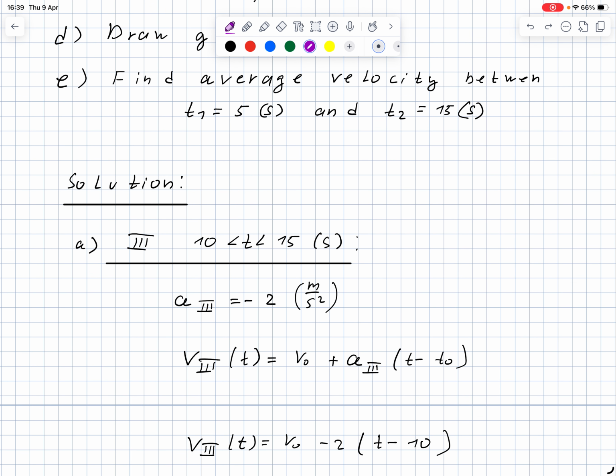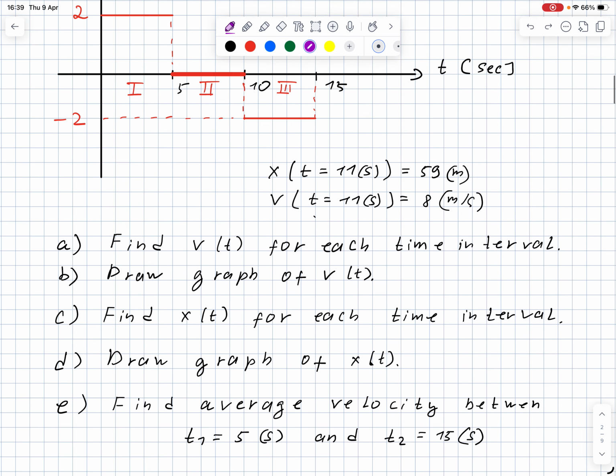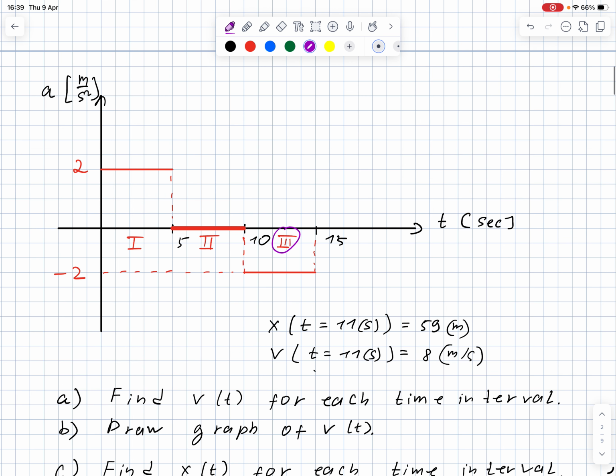Now we will use this formula for the velocity. V0 is the initial velocity at time t0, and the initial time for the third interval is 10 seconds.